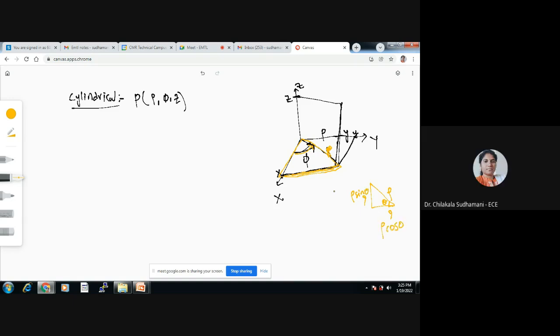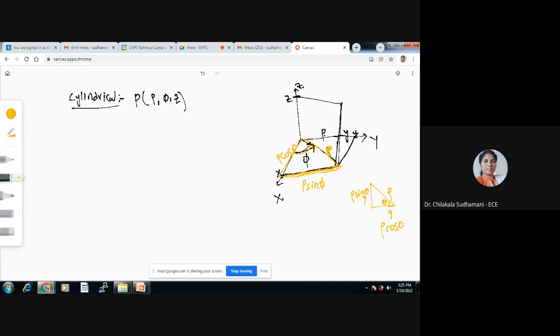So with respect to this, this is the angle and this side is rho. What is this side? Rho sin phi. And what is this? Rho cos phi, right?